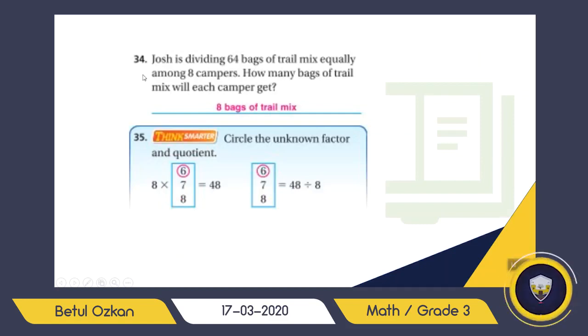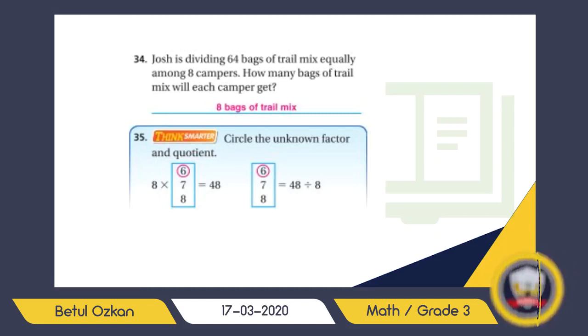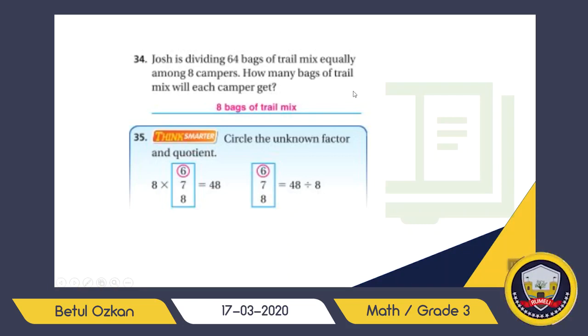Okay, question 34. Josh is dividing 64 bags of trail mix equally among 8 campers. How many bags of trail mix will each camper get? So, in total, how many bags of trail mix do they have? Perfect, 64.